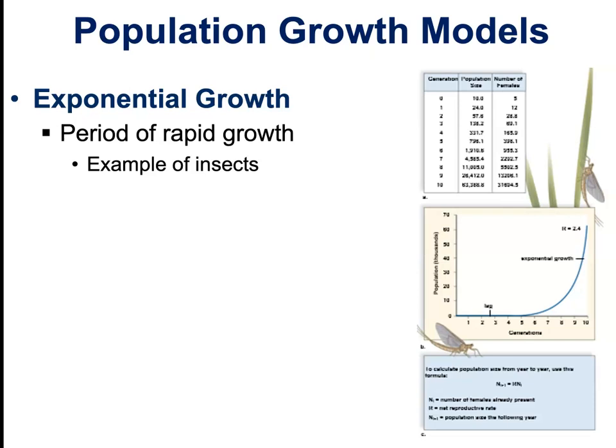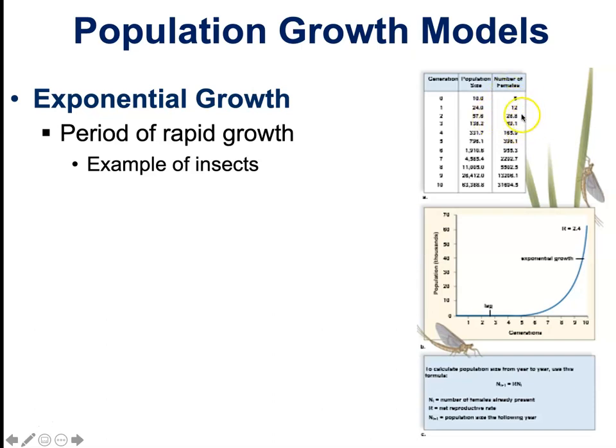So for example here, each female is going to produce an average of 4.8 eggs per generation, half of which will become female, who will then go on to produce 4.5 eggs. So if the initial generation has a population of 5 individuals, so we started off with 5 females, it means that by the next cycle we're going to have 12 females.